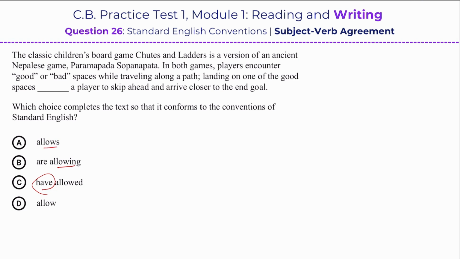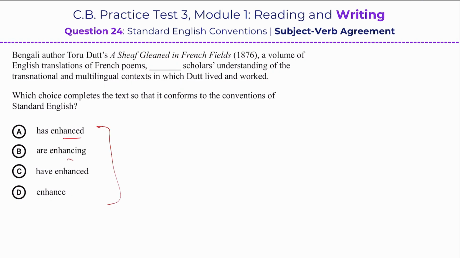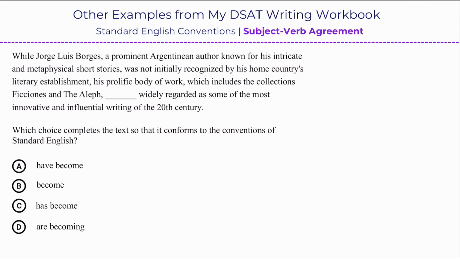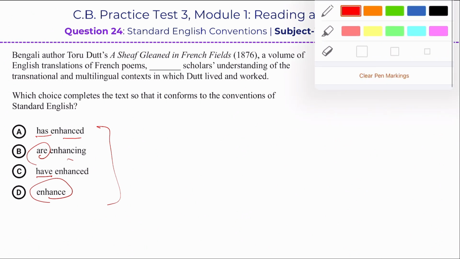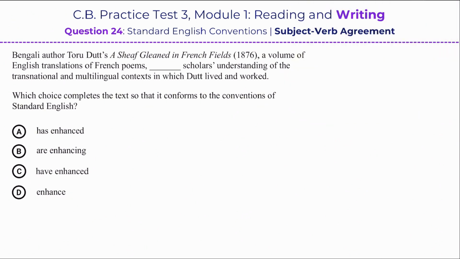That's helpful for getting a general sense of the patterns and the ways that they formulate answer choices. Now we're going to read the passage and look for the subject of the sentence, the subject of this verb.